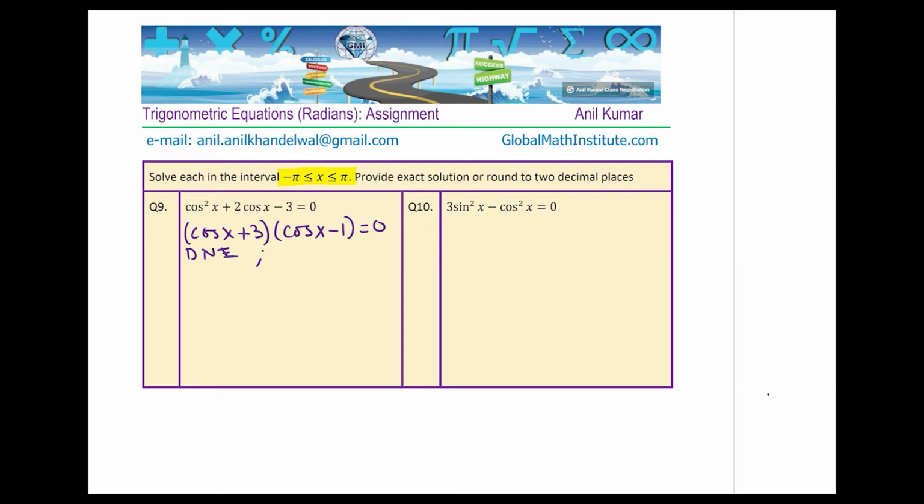But here we get one solution, which is cos x equals to 1. And within this interval of minus pi to pi, when is cos x 1? So at 0 and at pi, right?